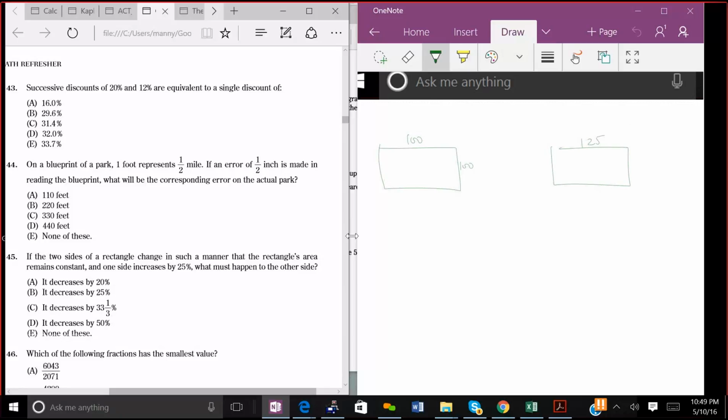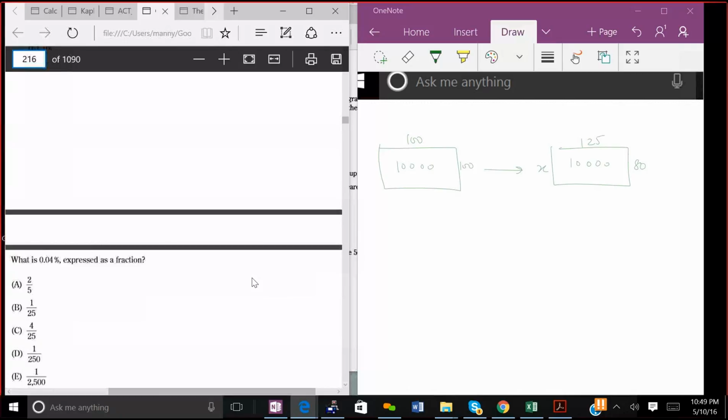We don't know what is going to happen here. So when you multiply this, the area is 10,000, so that thing should be the same. This is x, so x times 125 is 10,000, so you just divide by 125, and that's 80. Make sense? So it decreases by 20%.